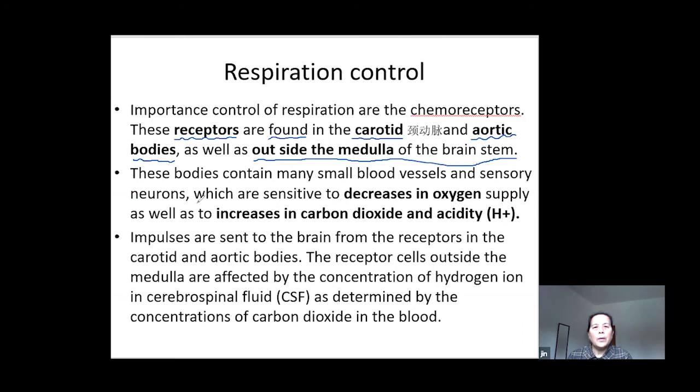Basically, these receptors receive information about decreased oxygen level, and also increased carbon dioxide levels and acid levels. That will stimulate respiration. So they send the nervous impulse to the brain.